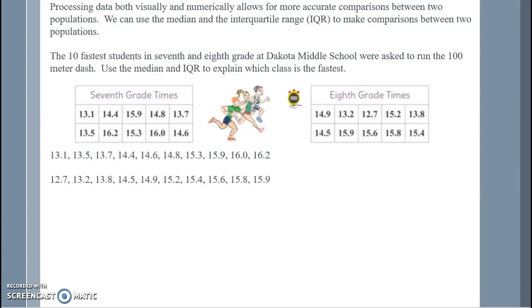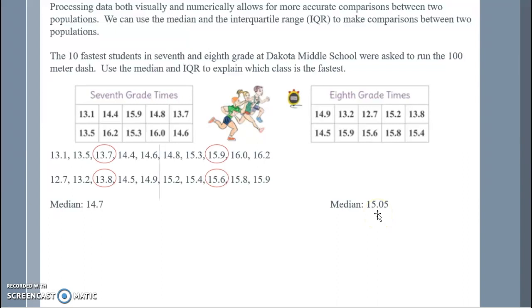So I first listed all of the times in order from least to greatest. And then I found that the median for the 7th grade class was in between 14.6 and 14.8, so that would be 14.7. For the other class, in the middle between 14 and 9/10 and 15 and 2/10, we'd add them together and divide by 2, such that it would be 15 and 5/100.